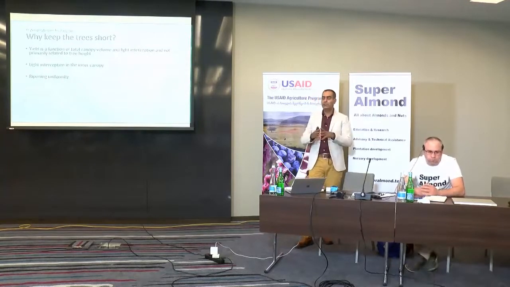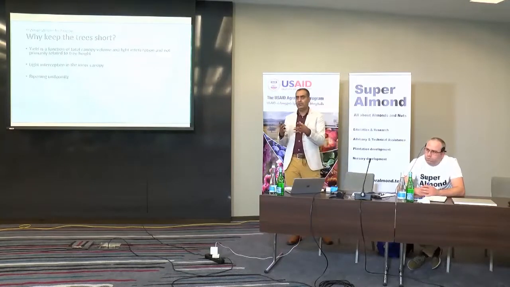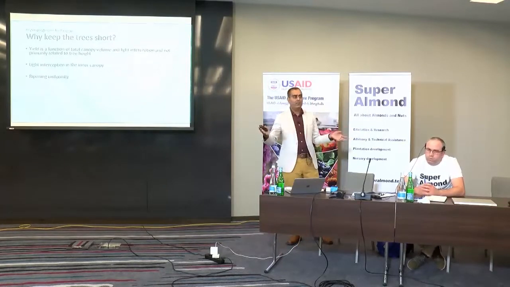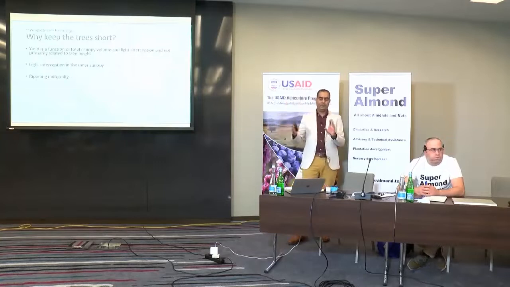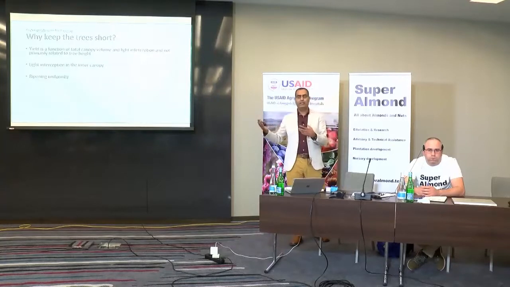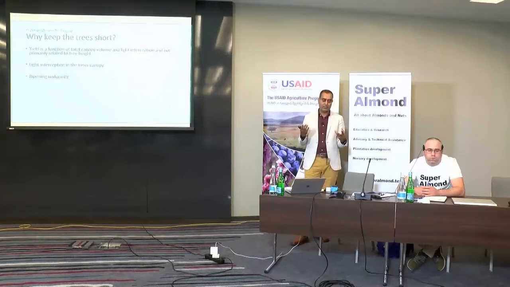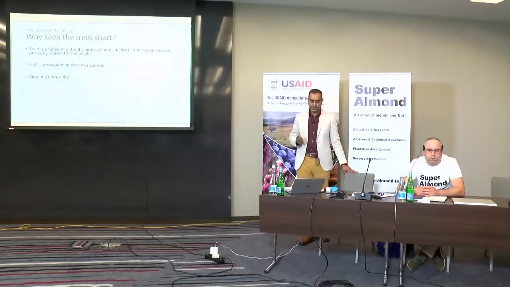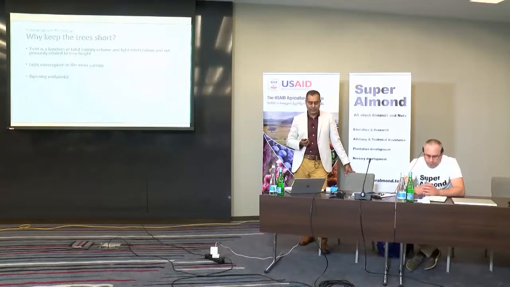If half of the nuts are maturing sooner and the other half later, that can create a lot of added cost to growing. So for ripening uniformity, you have to have good light interception in the canopy.